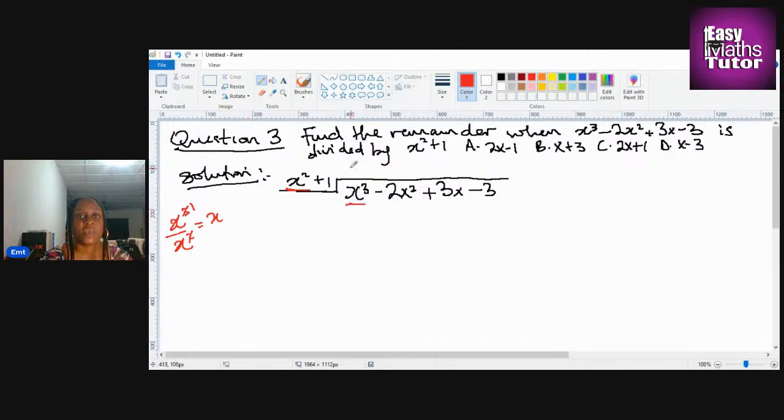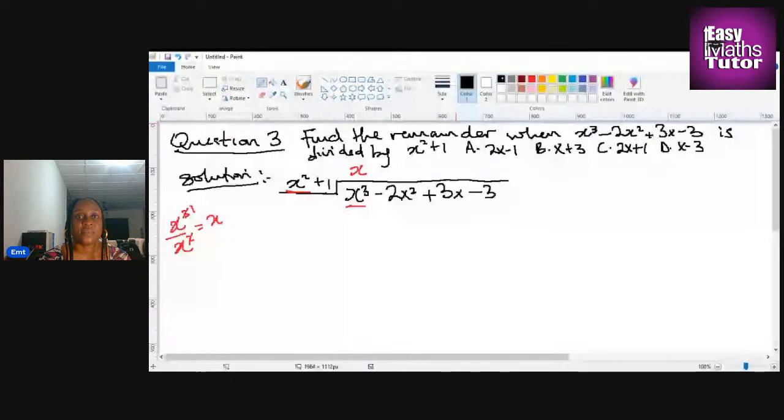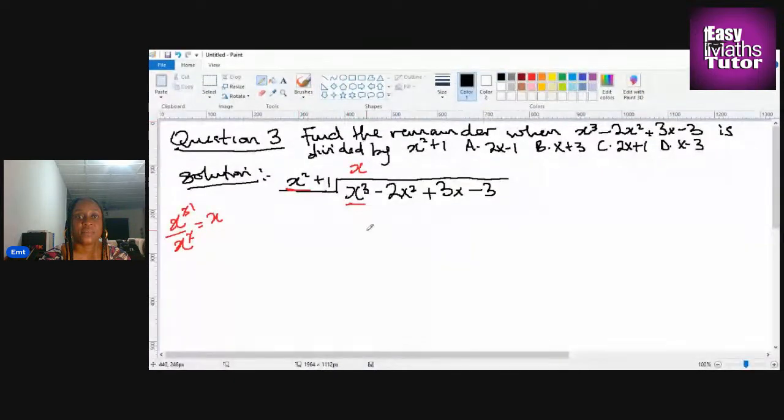So we will have x, right? Then we will multiply x by x squared plus 1. x times x squared gives us x cubed. x times 1 gives us x. We write it under the terms with x, because they are not like terms.